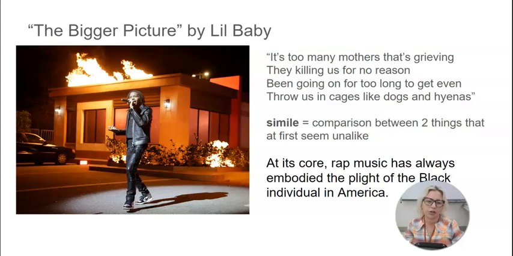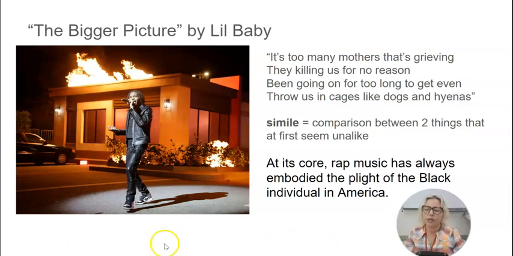In his article, he says, at its core, rap music has always embodied the plight of the Black individual in America. He makes the point that Lil Baby was not the first to do this.